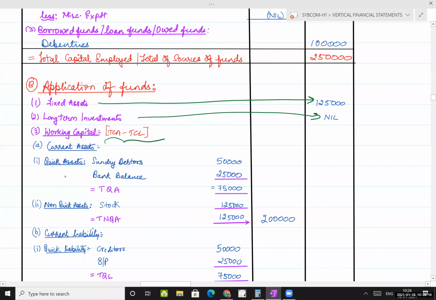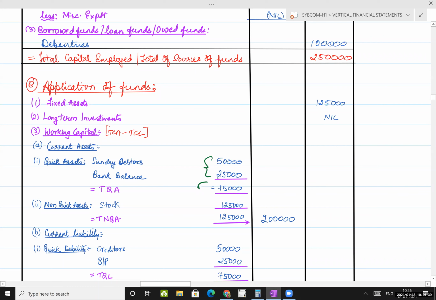Under quick assets you have debtors 50,000 and bank balance 25,000. Okay. Take the total 25 plus 50 is 75. Then come to non-quick. Non-quick में एक ही है stock 1,25,000. Take the total of non-quick 1,25,000.